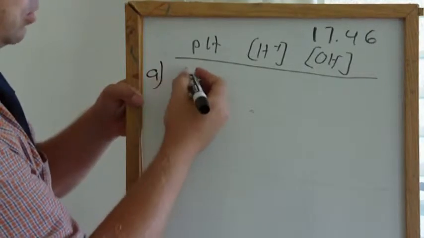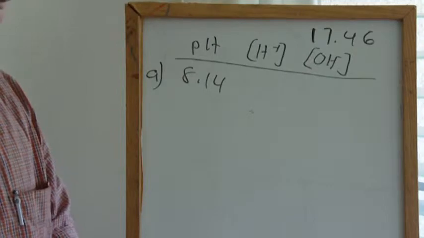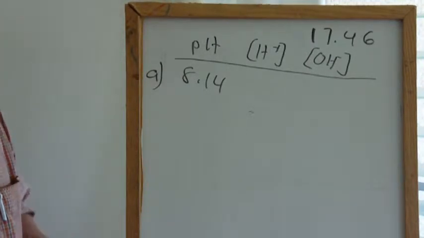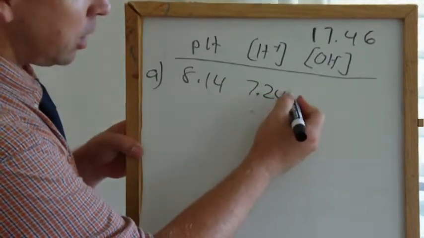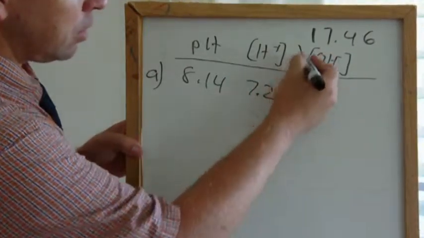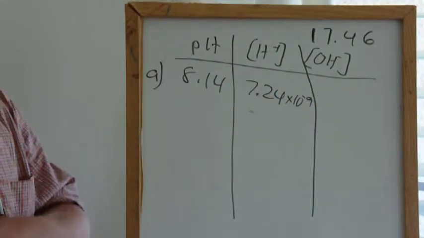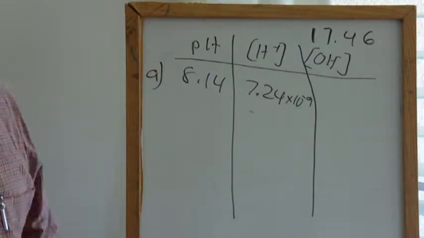For A, the pH is 8.14. So 10 to the negative 8.14 should give us the hydrogen ion concentration, 7.24 times 10 to the minus 9. There's our hydrogen ion concentration. Right? And that means the hydroxide ion concentration in an aqueous solution would be 10 to the minus 14th.